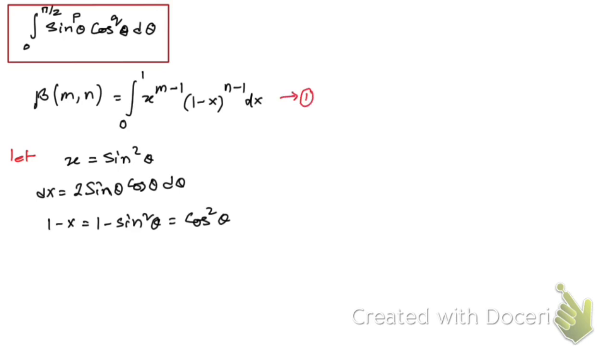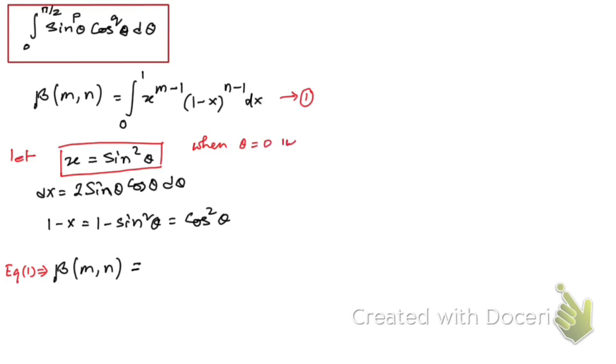Therefore, from equation number 1, we can write beta of m, n. And one more important thing. If x is equal to sine square theta, then when theta is equal to 0, sine square theta will also be 0, since sine 0 is 0, so x is equal to 0, right?